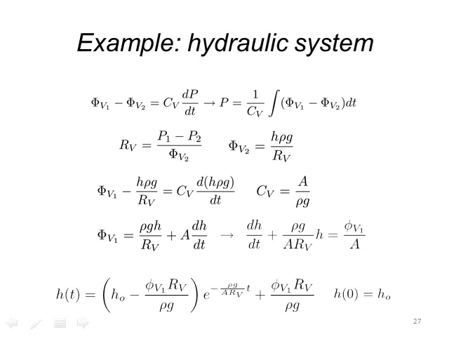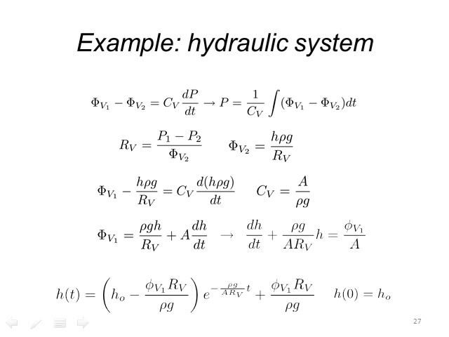Remember that the valve on the bottom represented the resistance of the fluid leaving. So it's contained in this expression, hidden underneath h rho g divided by A R_V, and that's our phi sub V2. Then if we solve our differential equation, you will see that we can come up with a standard type of exponential function.